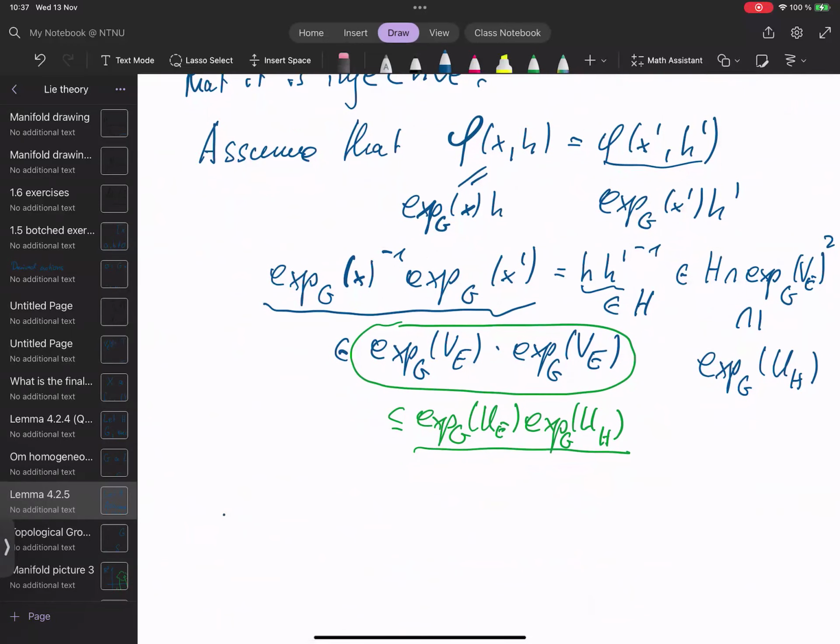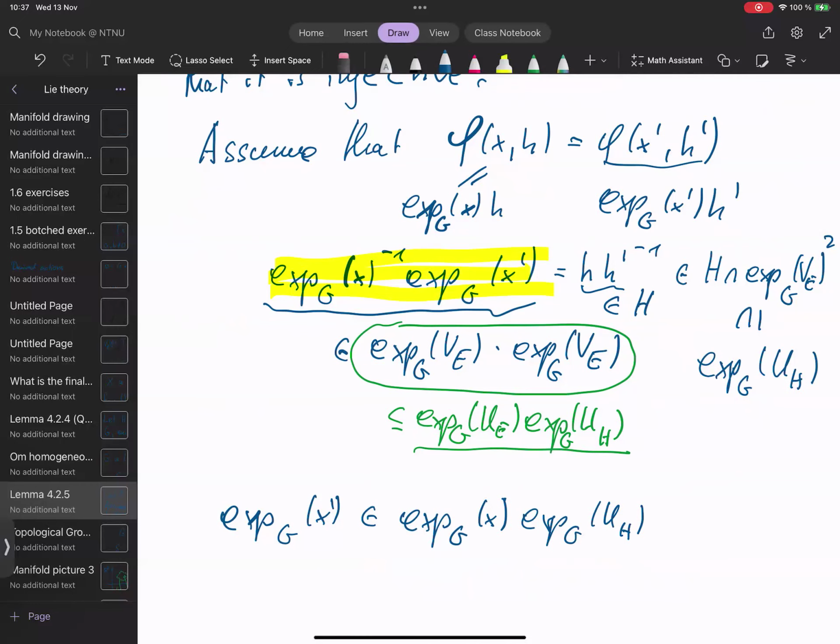So in other words, exp_G of x' is contained in... if we're just rearranging the equation upstairs, where we have the product of the two things, we are flipping over the inverse from the left-hand side. So this is inside of exp_G(x) multiplied with exp_G of UH.